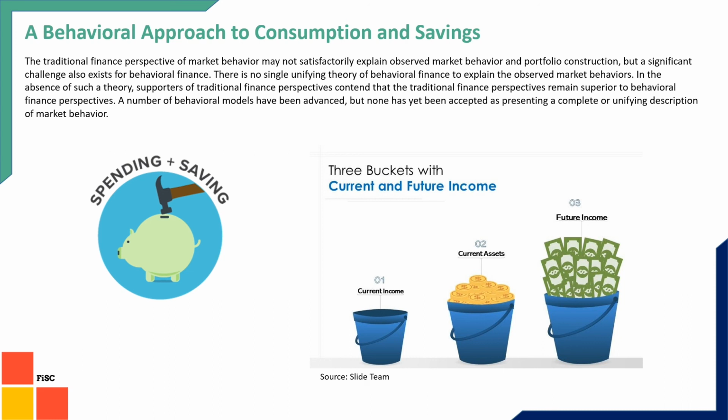So if your current income is already finished, then you can start spending from current assets. That's the way you generally go in your life, these three buckets. So that is the behavioral approach of consumption and saving to explain market behavior.